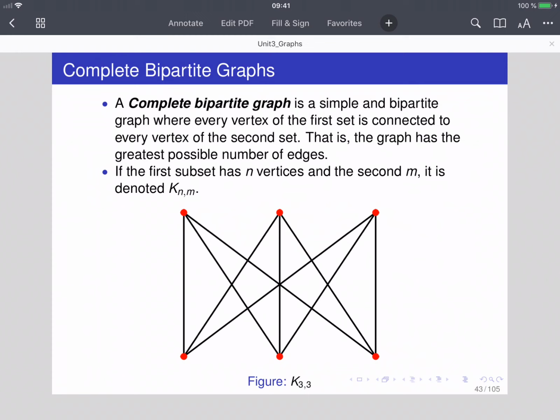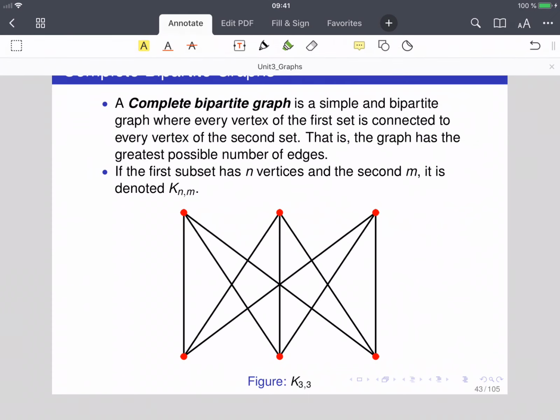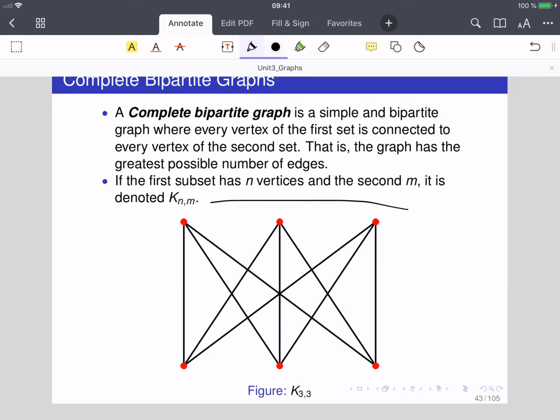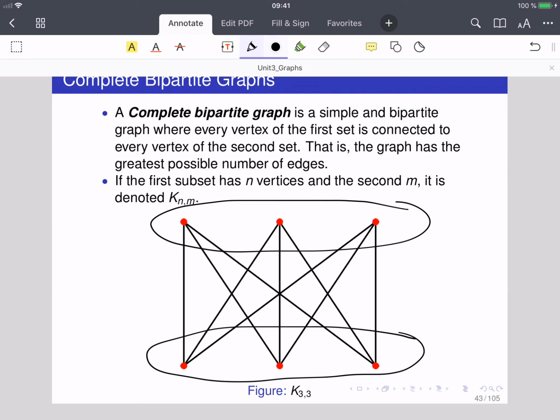So we first impose the condition that the graph is bipartite, as for instance in this situation here, we have two different parts, u and v.